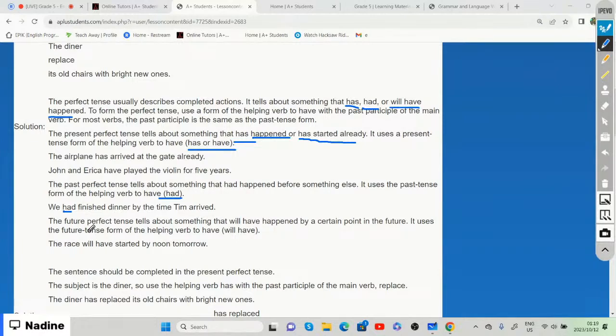And then we have the future perfect tense. It's things that are in the future. The future perfect tense tells about something that will have happened by a certain point in the future.